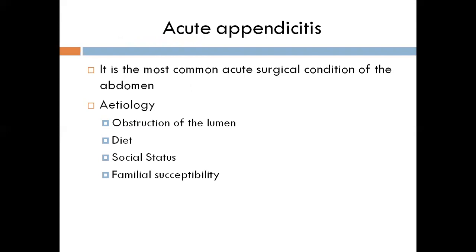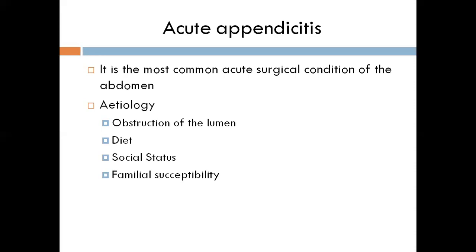As according to the position of appendix, in children, appendicitis is not common, as the configuration of appendix makes obstruction very unlikely. Now moving on to the etiology. First is obstruction of the lumen.